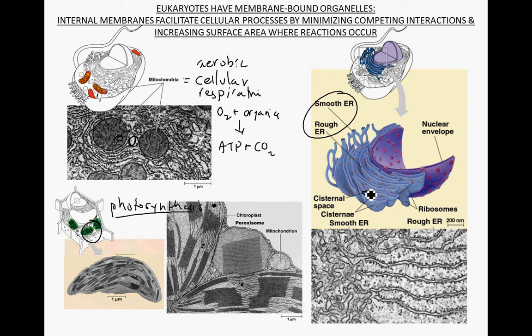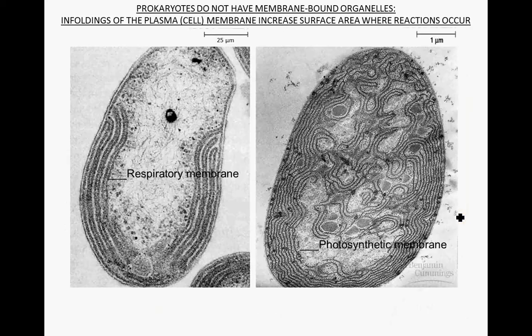So we see that the membranes here, especially on the rough ER, these are ribosomes on the rough ER there, and those ribosomes are attached to that membrane, providing a surface area for reactions to occur, namely the translation of mRNAs into an amino acid sequence, or a polypeptide.